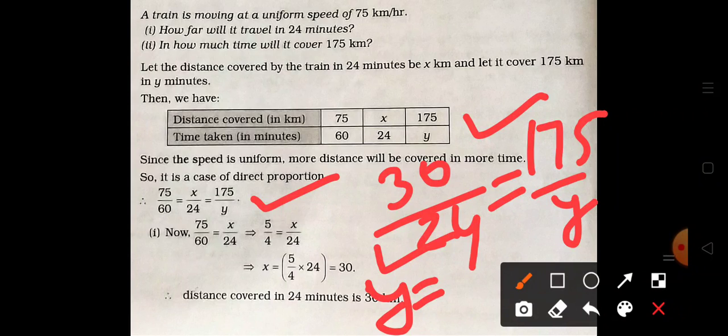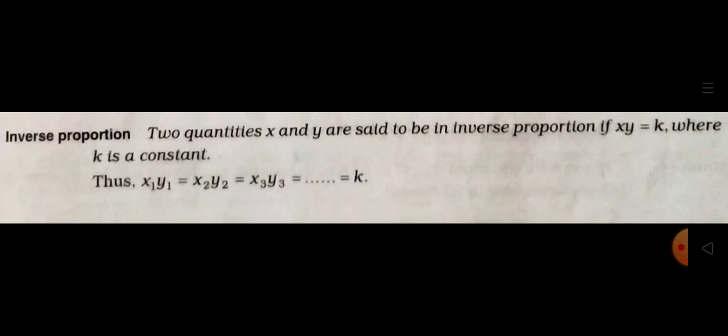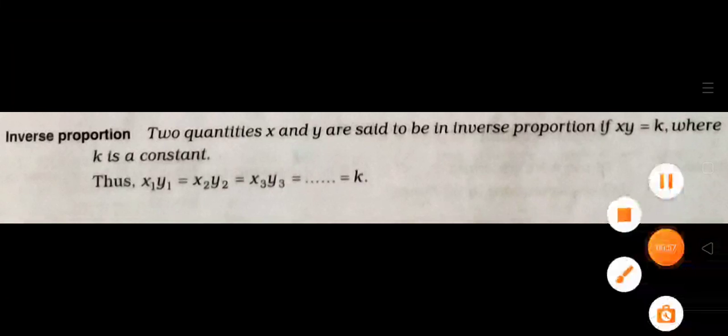Now let's move on to our next topic, that is inverse proportion or indirect proportion. So what is indirect variation? Two quantities x and y are said to be in indirect or inverse proportion if x multiplied by y is equal to a constant.